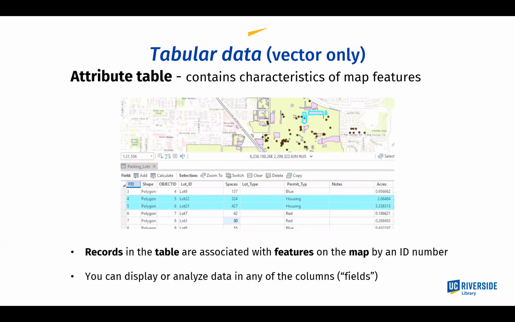So you could have lots of different types of information in your attribute table. The table and the map are linked by an ID number that they share in common. And with a GIS, one of the things that makes it so powerful is that you can display or analyze data based on whatever column or columns in the attribute table that you want. So that's what gives it a lot more power than just a printed map, for instance.